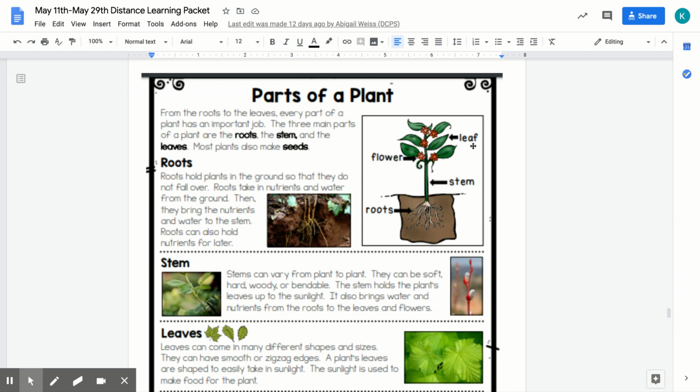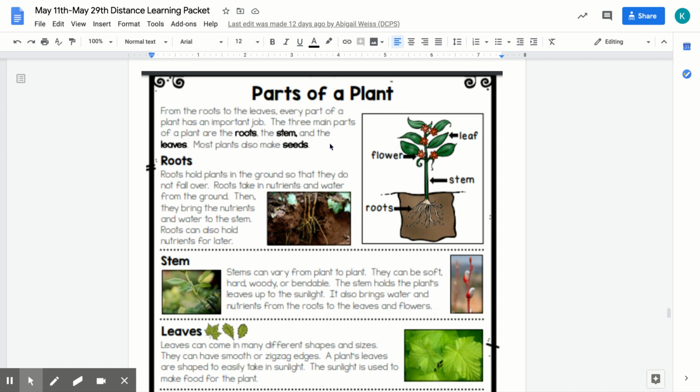Here it says leaf. Leaf is one, leaves is more than one. Most plants also make seeds. Second graders, you know what seeds are because you planted them. Let's keep reading.